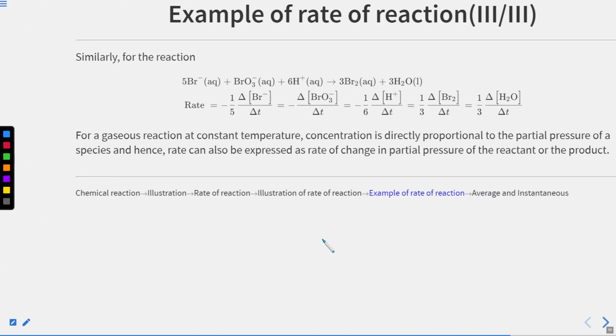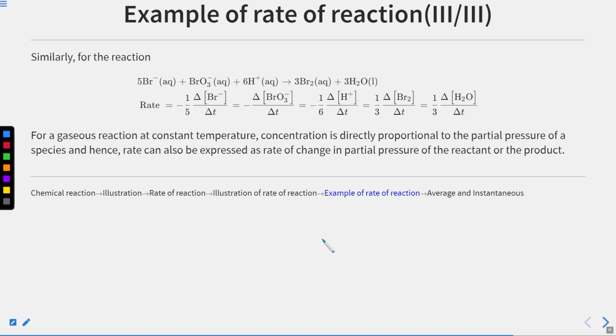Similarly, we can think of another example where we have multiple reactants and multiple products. So we have 5Br minus reacting with BrO3 minus and 6H plus giving 3Br2 and 3H2O. So there are 6 species involved in this, 3 reactants and 3 products. Now if I ask you to write in terms of all of these, how will we write?